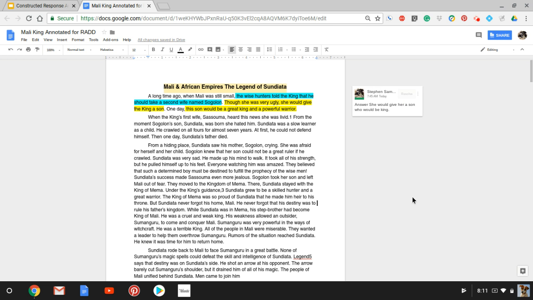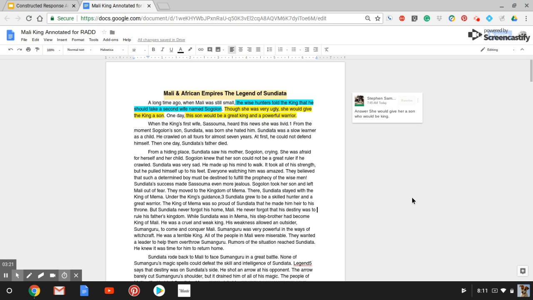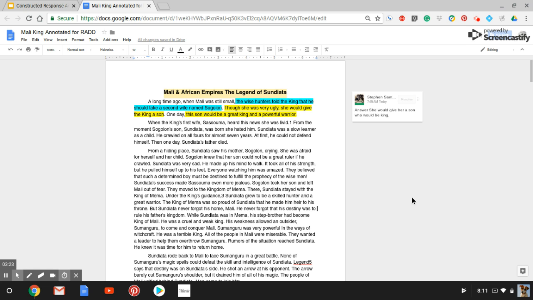So now I am ready to write my CRA, and in our last lesson we highlighted the text evidence that will be answering the question, why did Sundiata the king marry Sogolin?